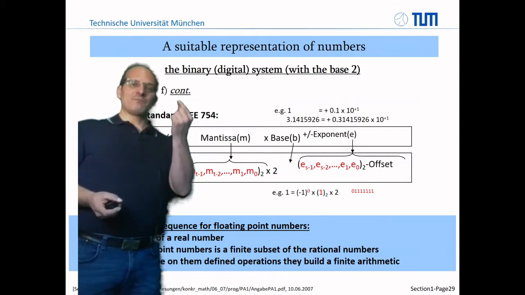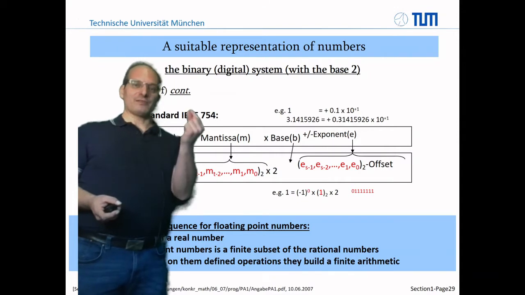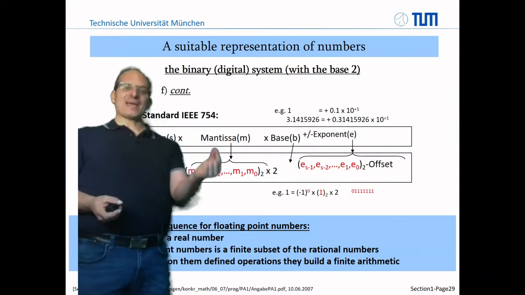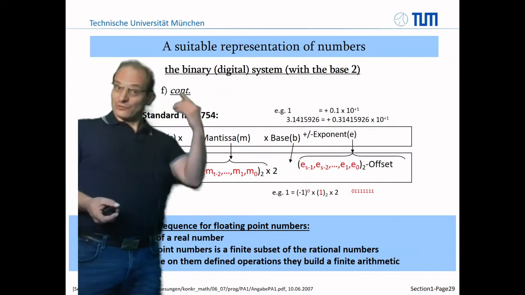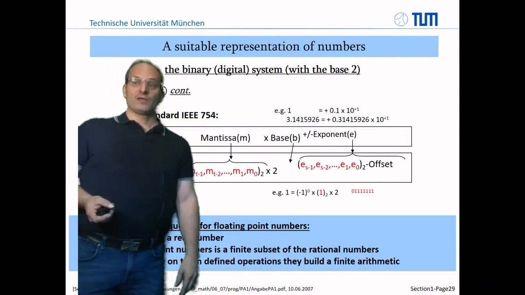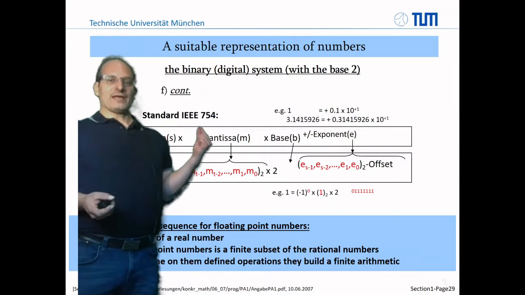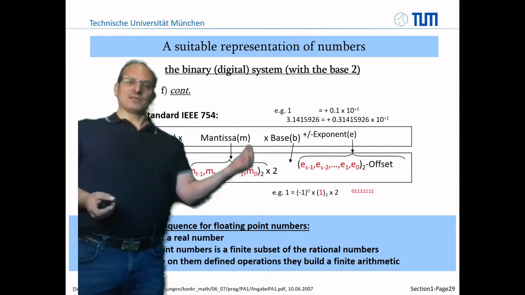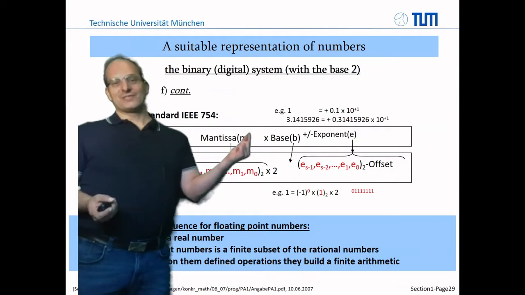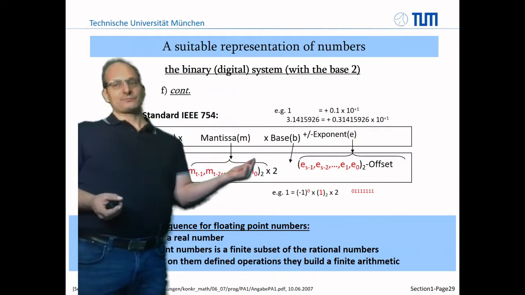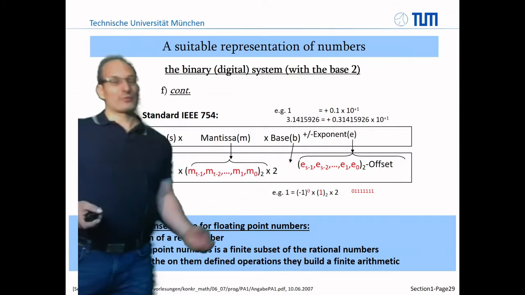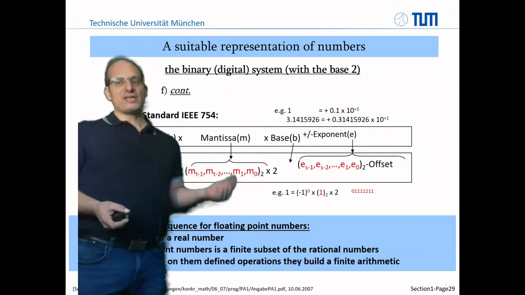So this is the minimal representable addition value which you can use between two floating point numbers. This is called EPS, and this EPS leads to some problems. What you see here is in principle just an approximation of a real number.